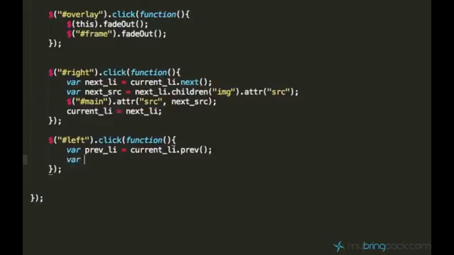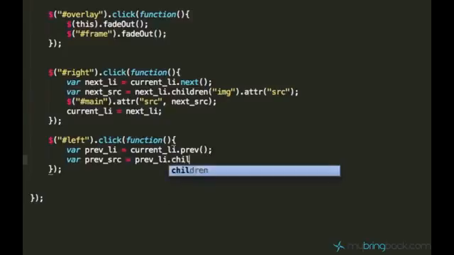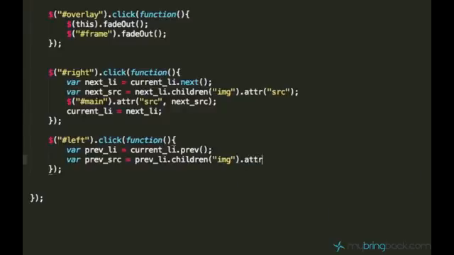And then we can define the prev source as well, and set it equal to prev list item dot children, and grab the image element out of it and get access to its source attribute where the path to the image is stored.